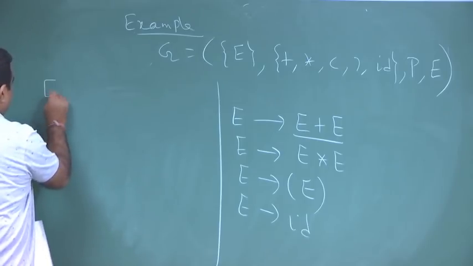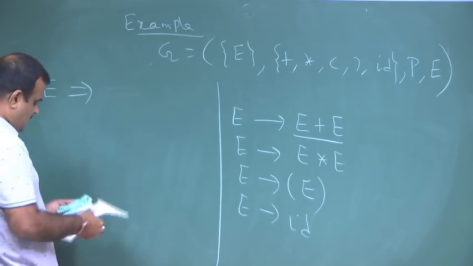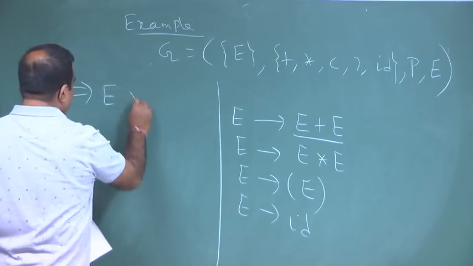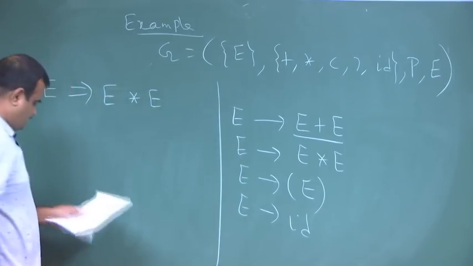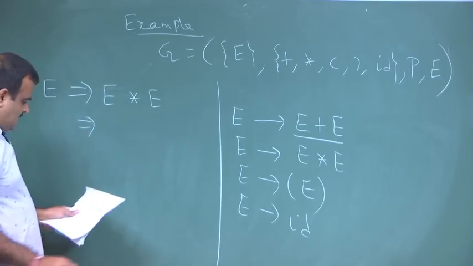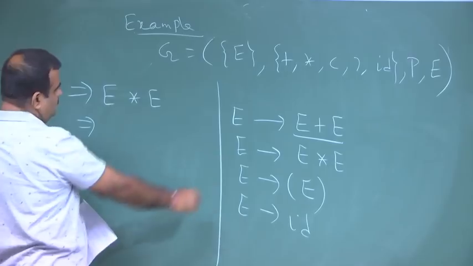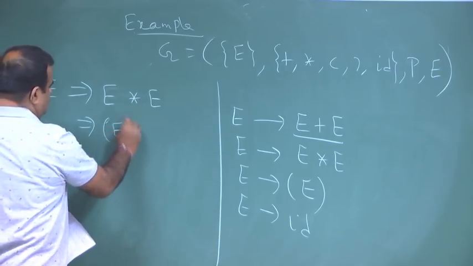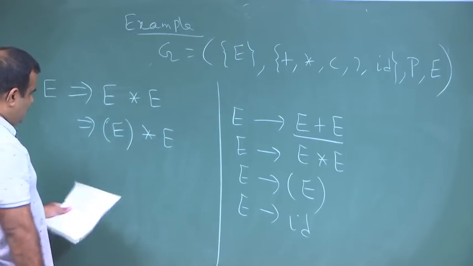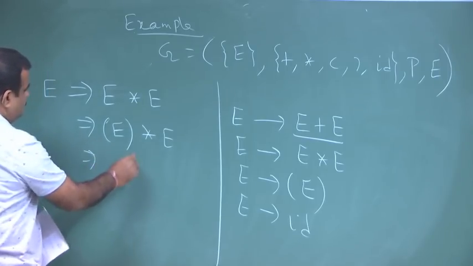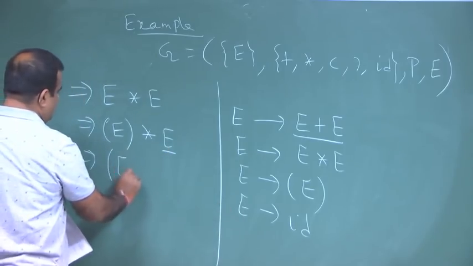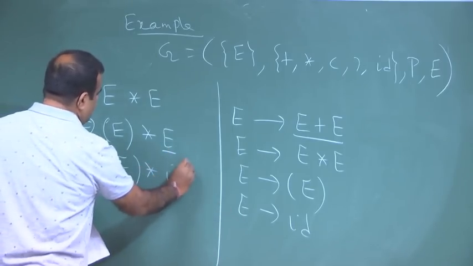Now, E goes to, we can take any one of these, say we take this production E star E. Okay. Now, in this E, again we can take any of these productions. Then again, for any one of these E, we take this E, and using this production we can write it as ID.